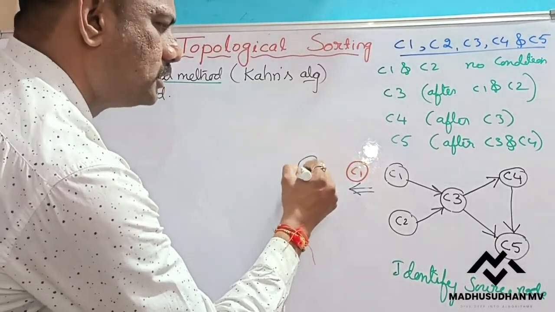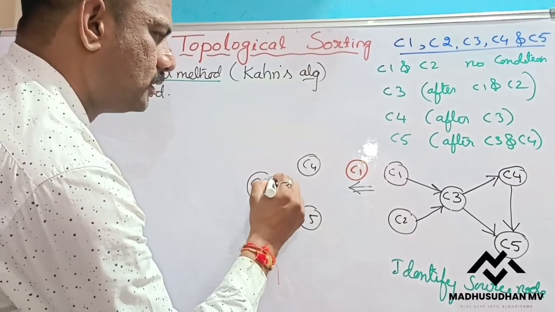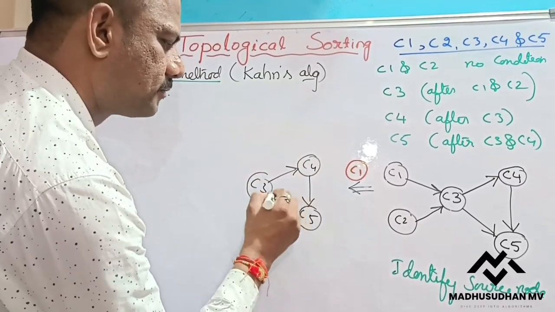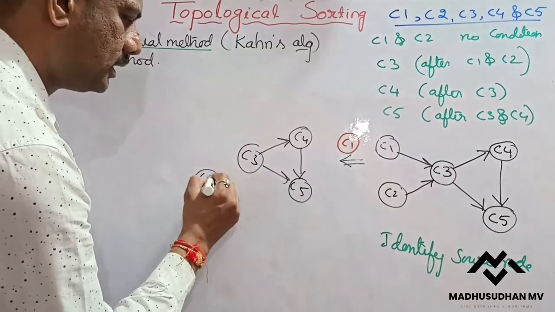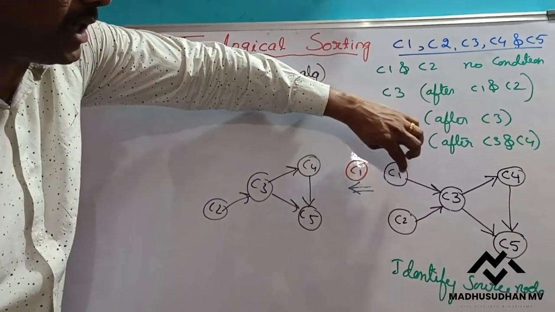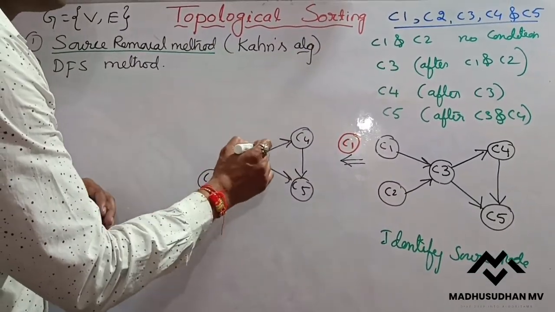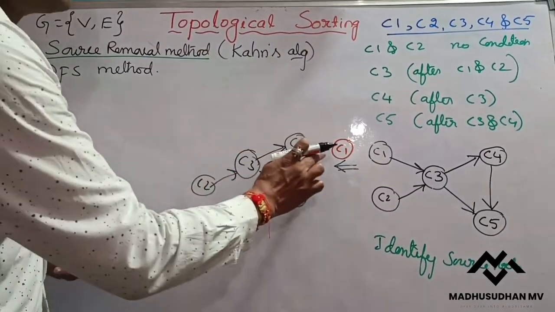C4, C5, C3, and C2 as it is. When I remove C1, its associated outgoing edges are also removed. So this is my resultant graph. The first one removed is C1.